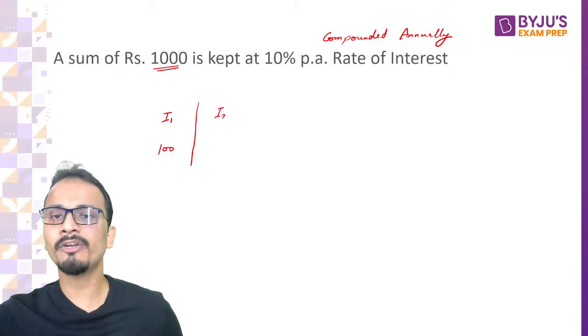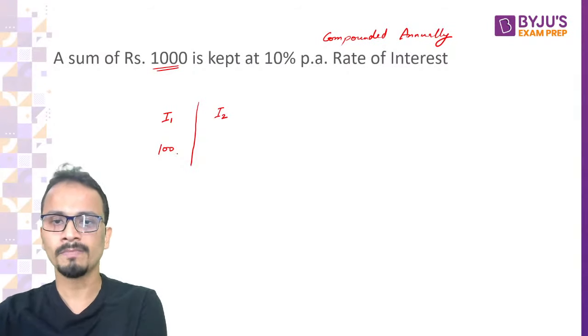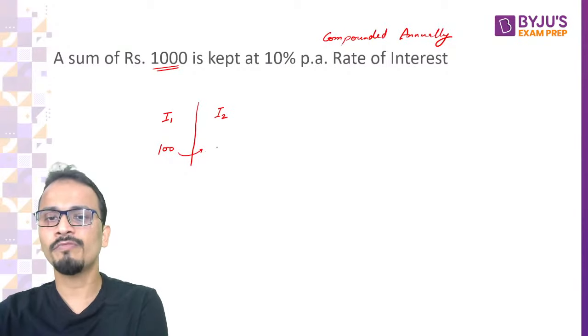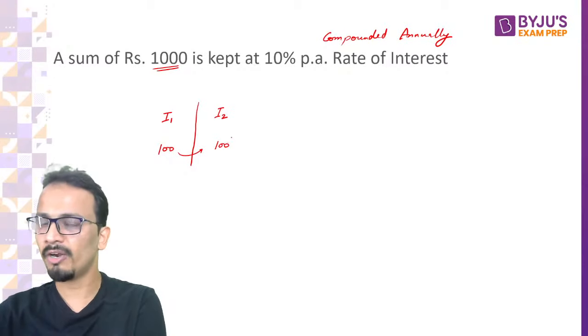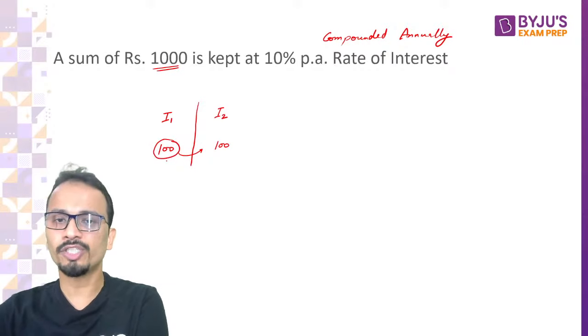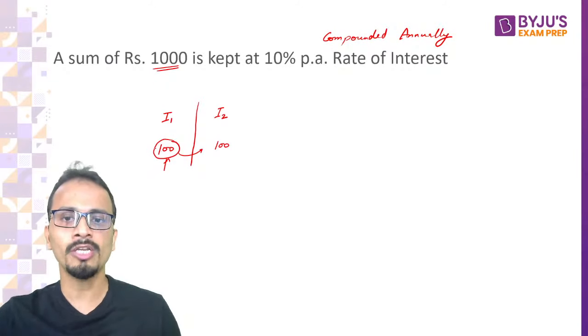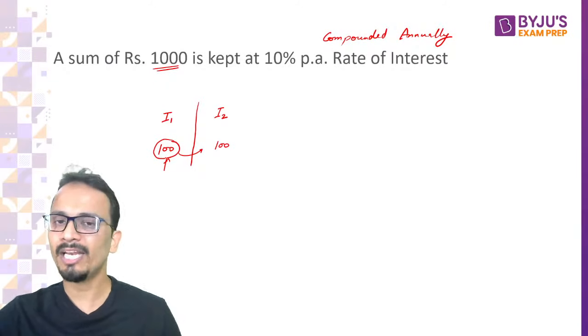To calculate the interest of the second year, what you can do is just copy the interest of the previous year, which is 100, and calculate interest on this value. So interest on 100 rupees will be 10 rupees.